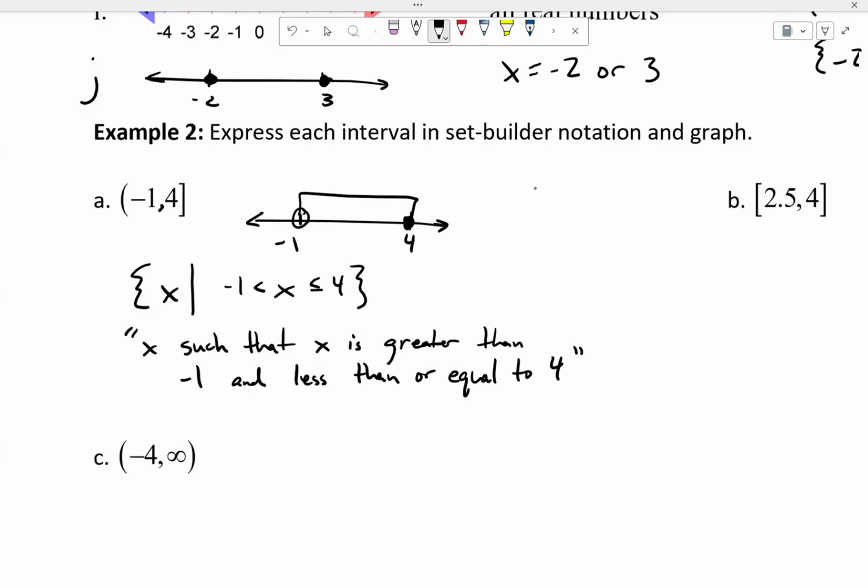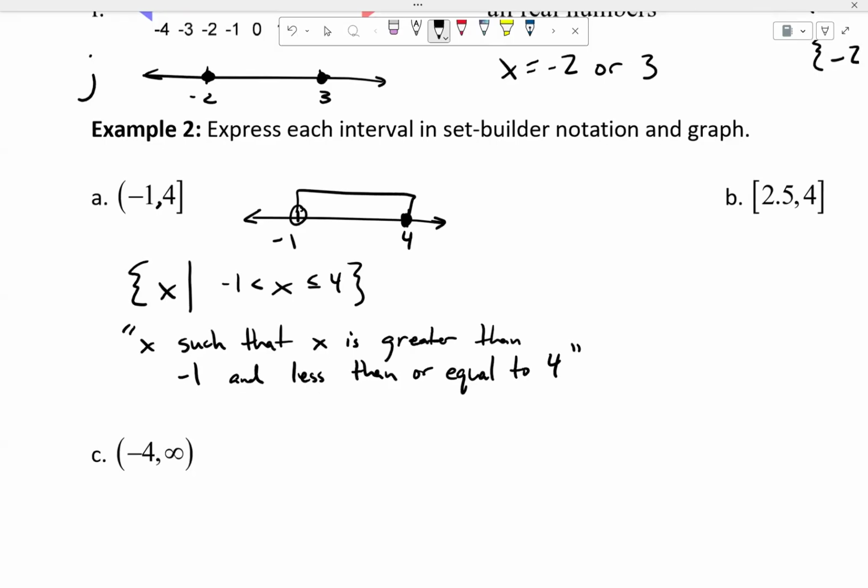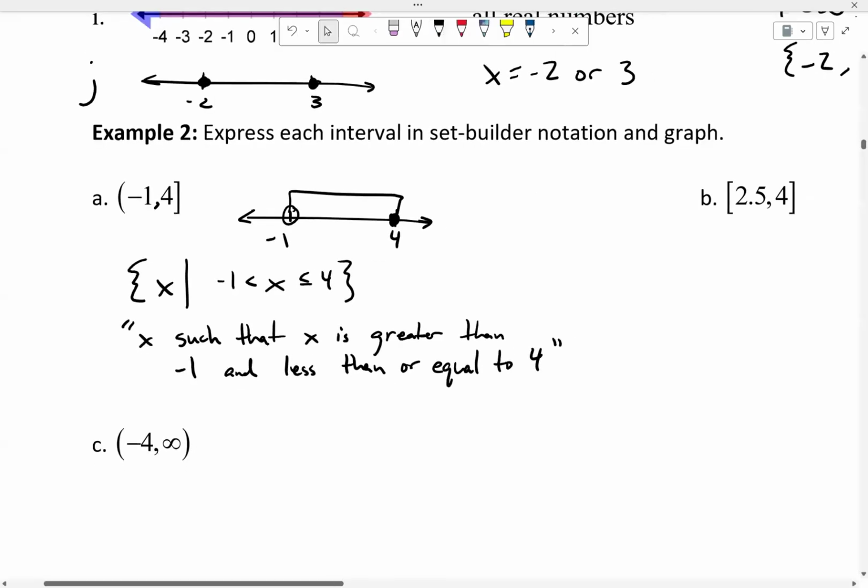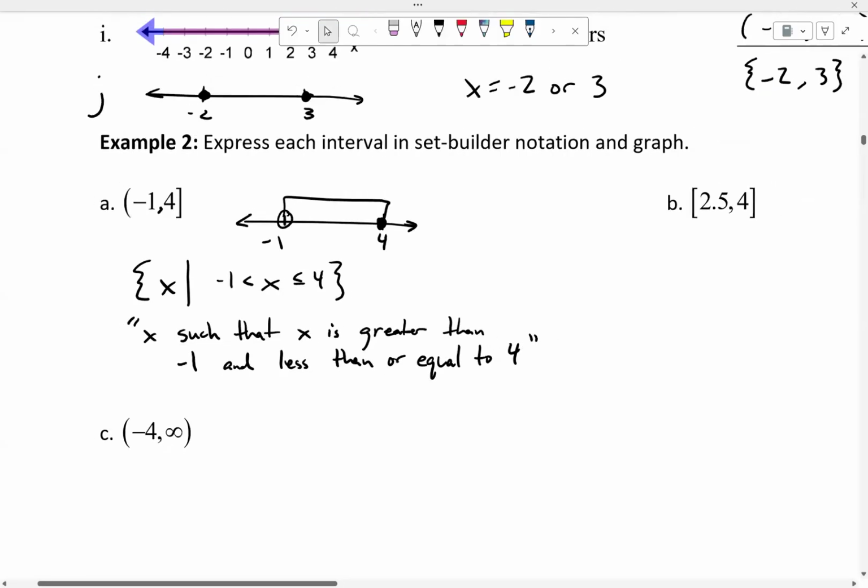Or I could say x is between -1 and 4, not including -1, including 4. I don't want to write all that down, but I hope that makes sense also. You probably won't have to write down a verbal, but I just want you to be able to communicate with friends if you talk about inequalities.